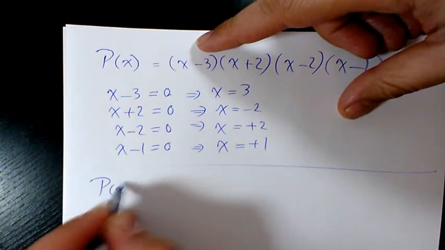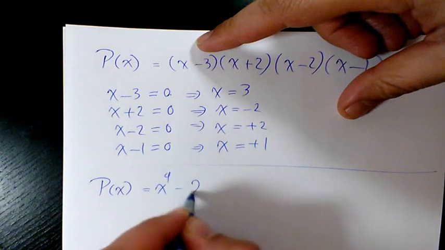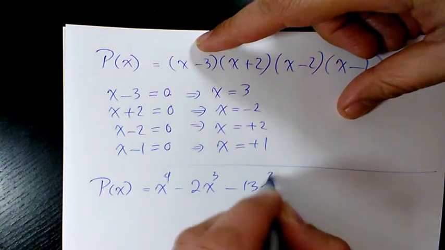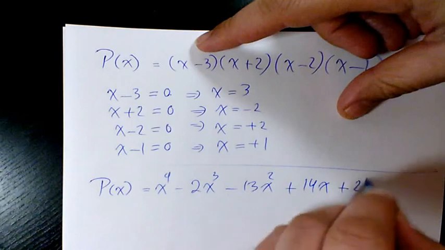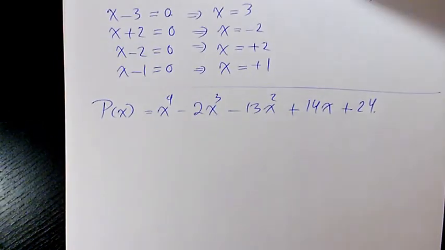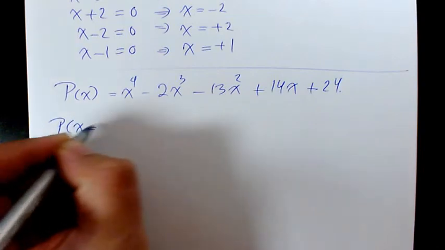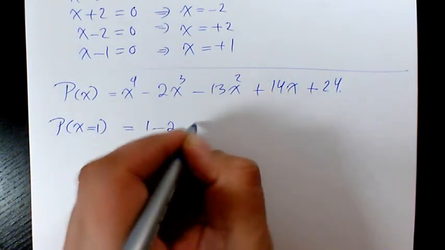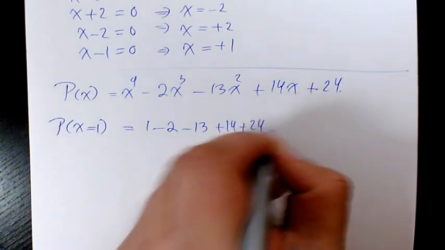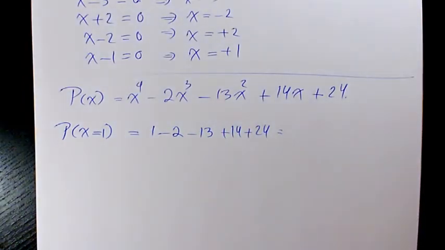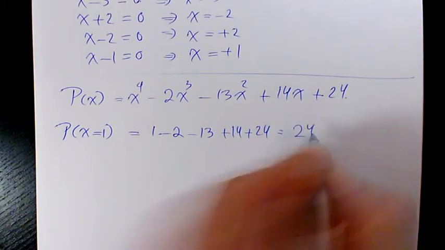We have P(x) equals x^4 minus 2x cubed minus 13x squared plus 14x plus 24. Let's see how to deal with this example. Make x equals 1, so it's going to be 1 minus 2 minus 13 plus 14 plus 24, that's going to be 24.